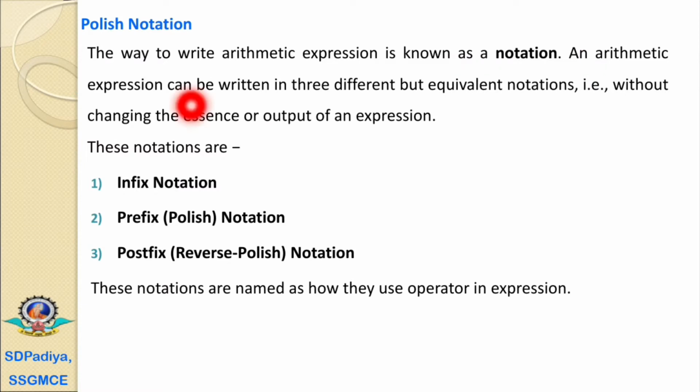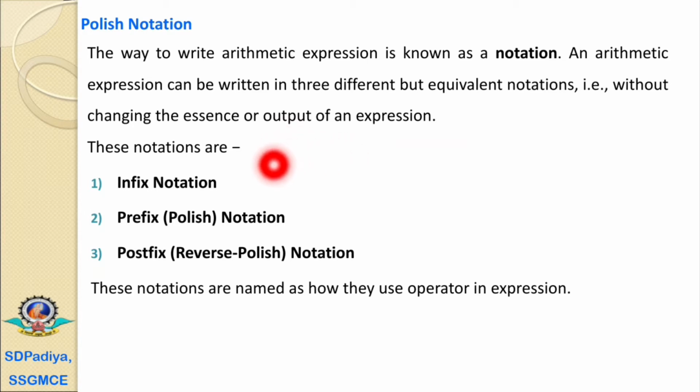The way to write an arithmetic expression is known as a notation. An arithmetic expression can be written in three different but equivalent notations, that is, without changing the essence or the output of the expression.